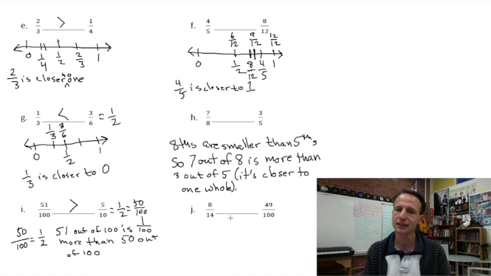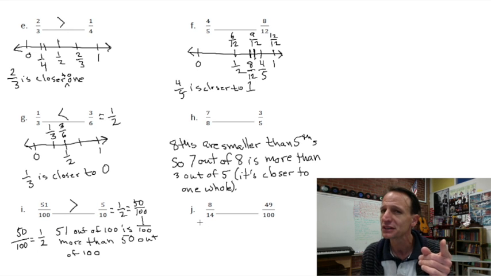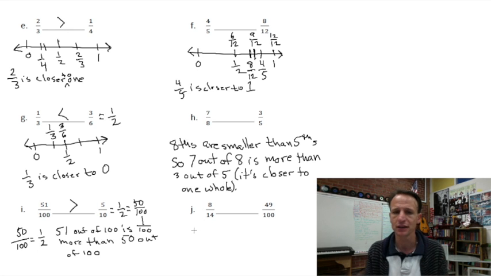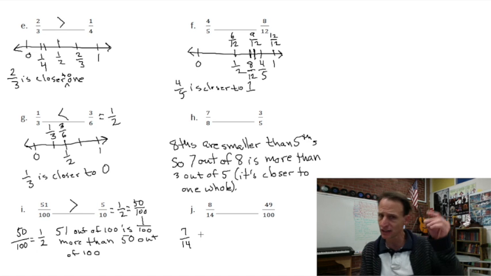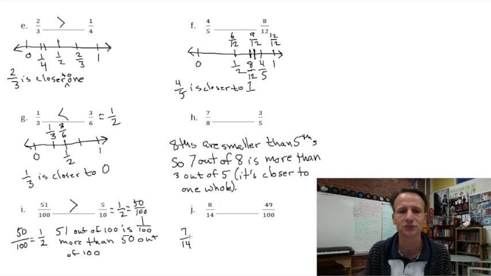Similar idea here. Look at 8/14. That's just a little bit more than what? Than a half, isn't it? Because 7/14, 7 is half of 14. You're starting to see those right off, right? Those half equivalents. 7 is half of 14, so 7/14 is equal to 1/2.